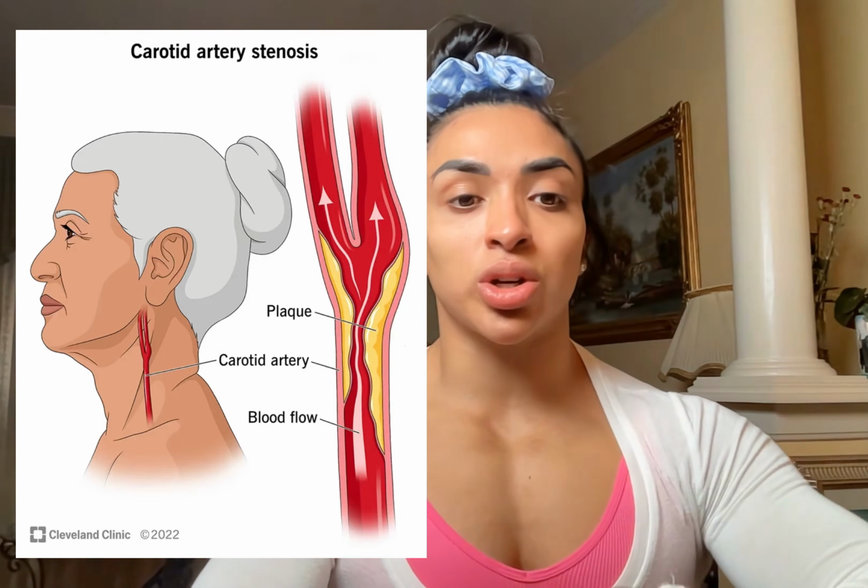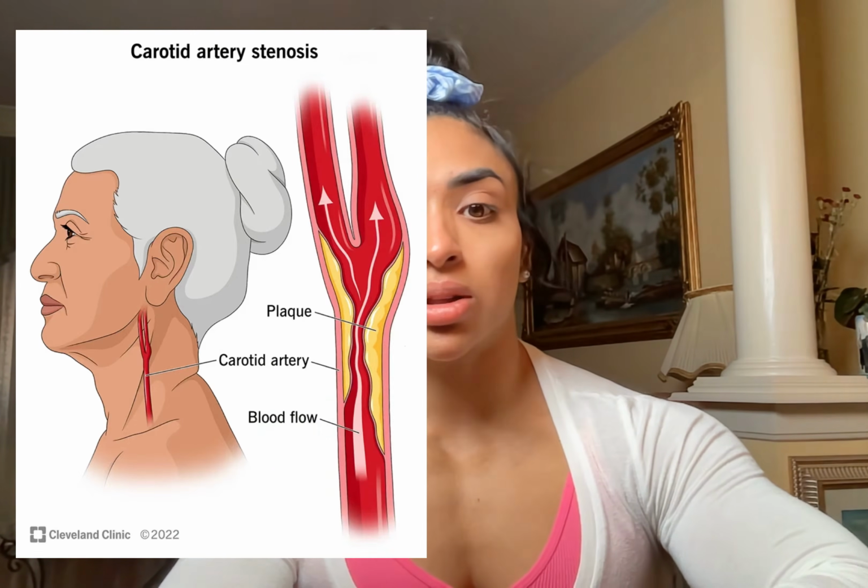So make sure, if you're eating a lot of saturated fats or a lot of animal products like red meat, that fat can build up. I'll have a picture on the screen so you get a visual of what I'm trying to say. If you have fat built up in the arteries, it's not good. That's where it can lead to a possible heart attack.